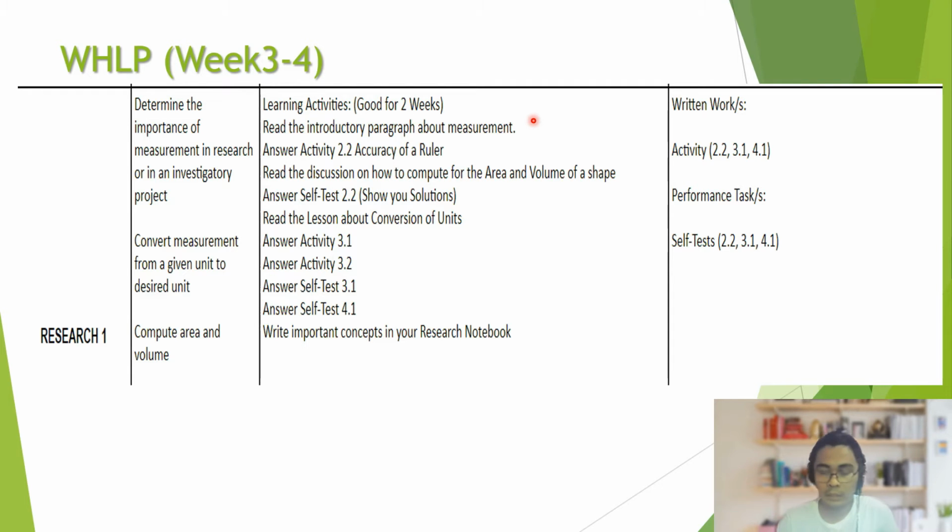And after the discussion in terms of the conversion of units, you are to answer series of activities: activity 3.1, 3.2, self-test 3.1, and self-test 4.1. And lastly, you can write in, if you have your research notebook, the important concepts you have understood in that module. Okay, so you can take down notes.